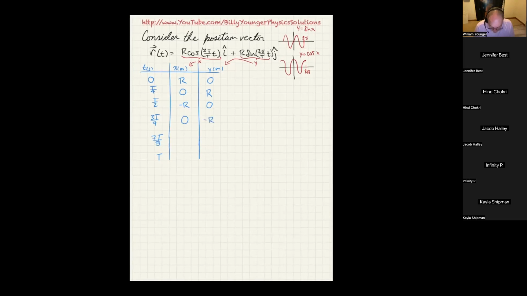Now this one's a little more complicated. I think you can see that the 2 is going to cancel out with the 8 and leave a 4 in the bottom. So I'm going to get 7 pi over 4, which of course is 1 3/4 pi. So maybe that'll help you a little bit. But I think the big thing is to realize that at least the magnitude should be roughly like a 45-degree angle, basically.